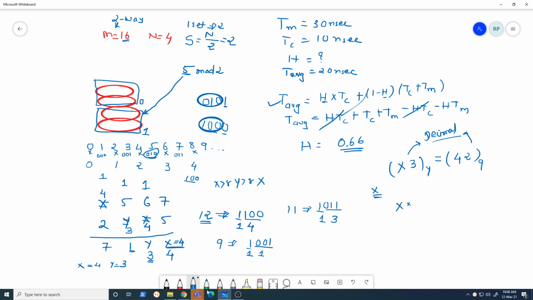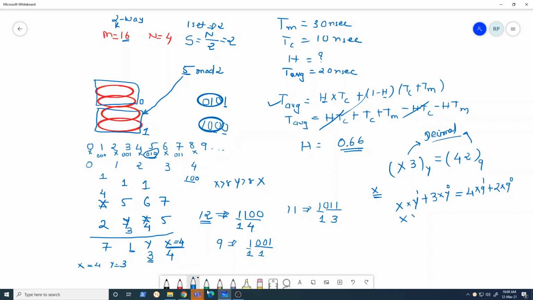X into y raised to 1 plus 3 into y raised to 0. This is base y. Any base system, if you need to convert into decimal, this step you need to follow. Equal to 4 into 9 raised to 1 plus 2 into 9 raised to 0.